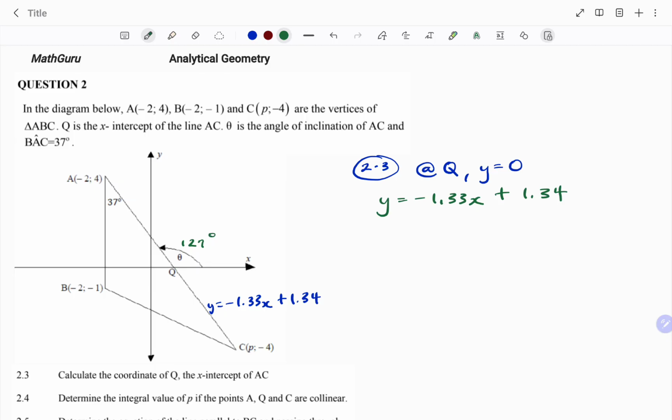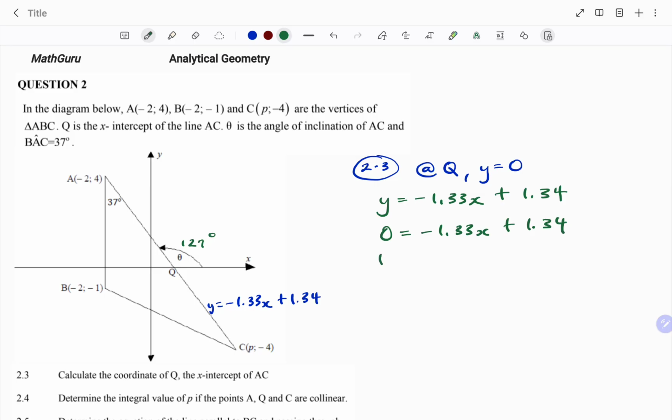Because at that point the value of y is 0, I'm going to replace my y with 0. So I have 0 equals -1.33x plus 1.34.